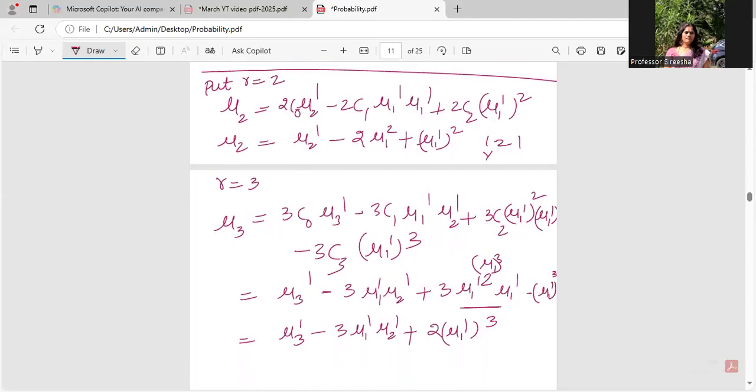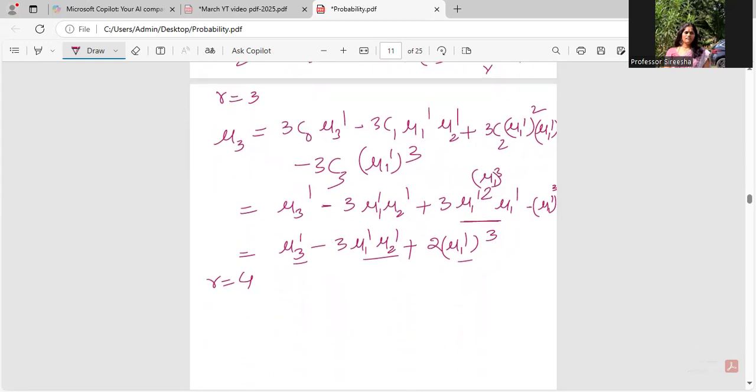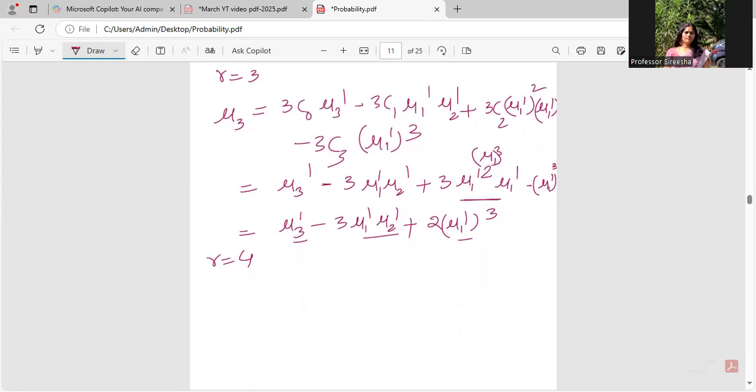Similarly, for mu4, r is equal to 4 also, it will come like that only. Just see, I can write easily with binomial coefficients. The thing that you need to observe is that the below sum is also the same. Here I have 3, here I have 3, here also I have 3. Of course, power is there now, mu1, mu1, mu1. So 1 plus 1 plus 1 is 3, right?